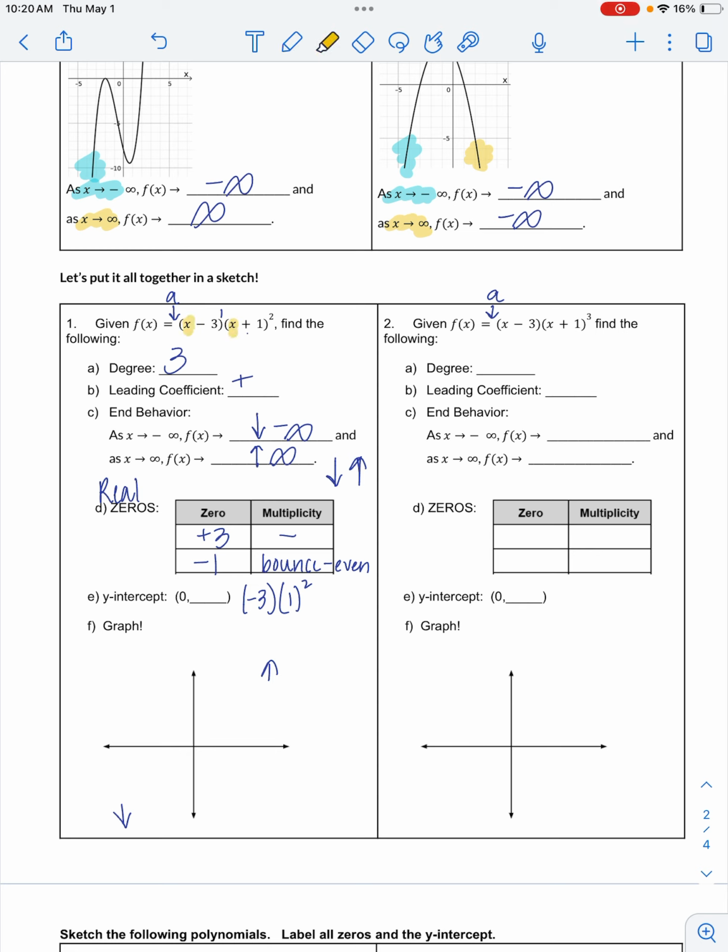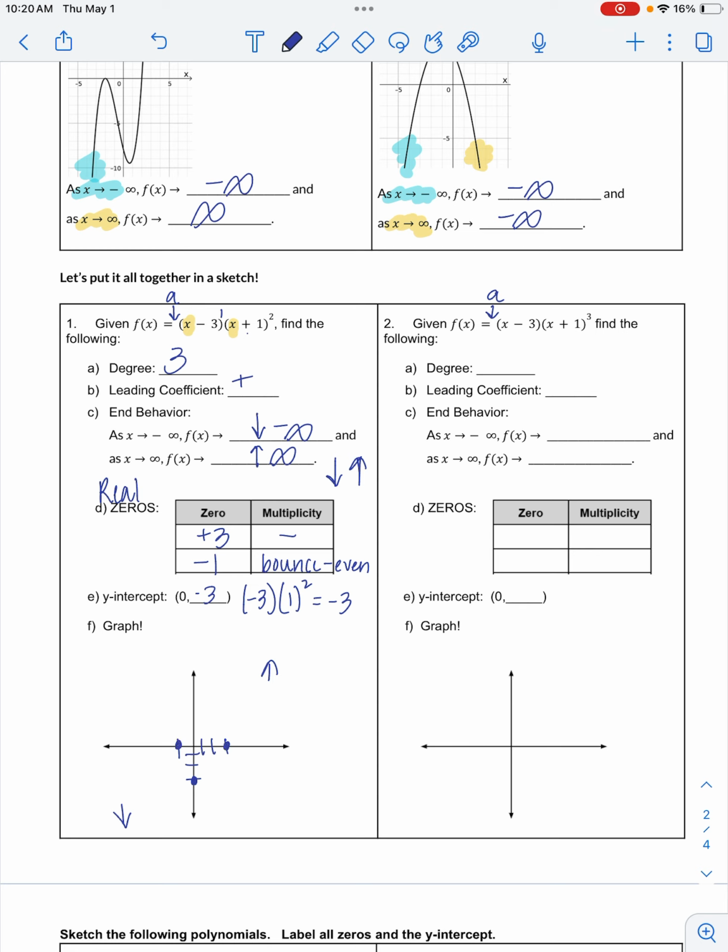The x's kind of just go away when you calculate your y-intercept. And so negative 3 times 1 is negative 3. So these are the things I have to put on my graph. I have to put a y-intercept at negative 3, an x-intercept at positive 3, and an x-intercept at negative 1.